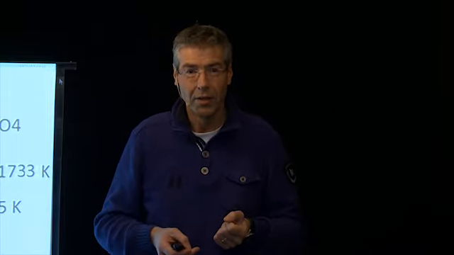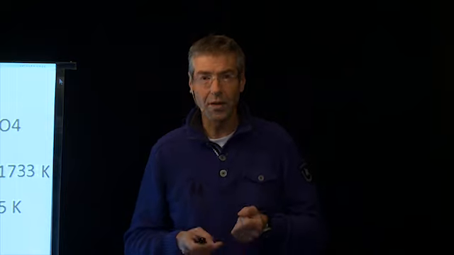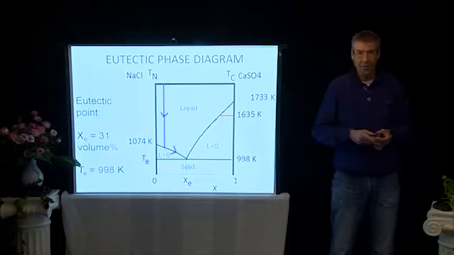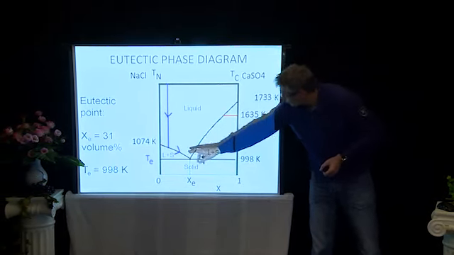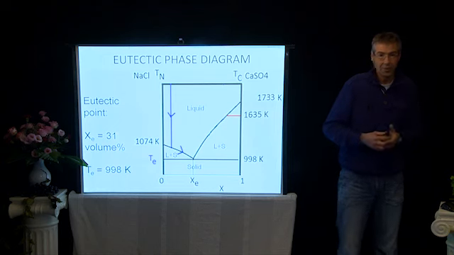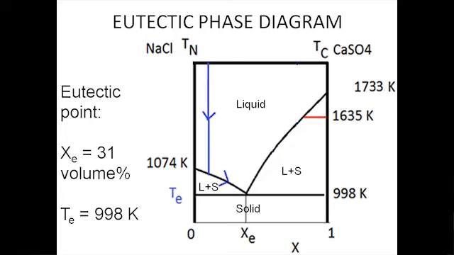Because of the separation of sodium chloride, the melt becomes enriched with calcium sulfate. Therefore, the blue line follows the left liquidus until the eutectic point has been reached. At this point, both salts will solidify. But note that these salts do not form mixed crystals.